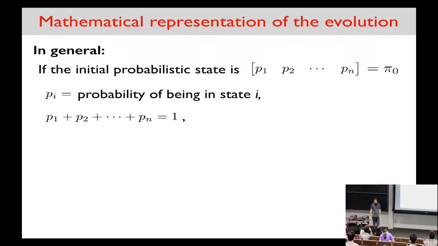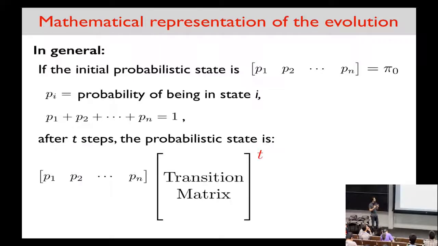In general, if your initial probabilistic state is represented by p1, p2, all the way up to pn, so let's call this pi 0, then p_i is the probability of being in state i, and these p_i sum up to 1 because it's a probability distribution. After t steps, the probabilistic state is you take this initial probability distribution, you take your transition matrix, you raise it to the power t.